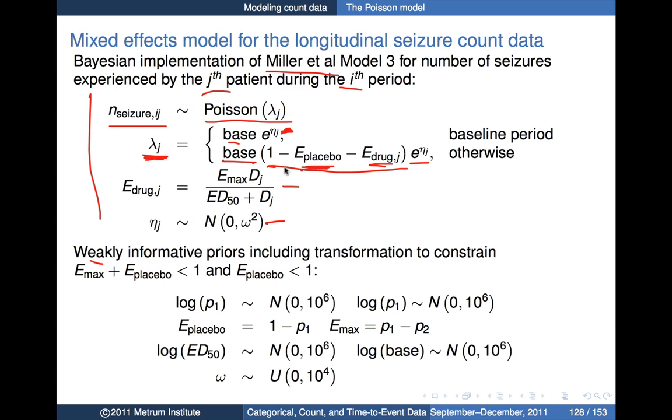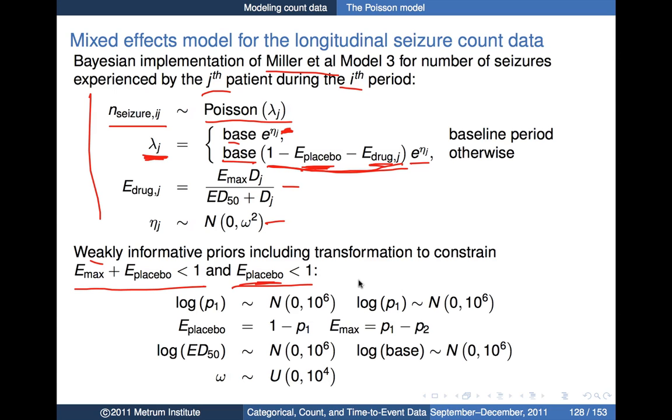And then I'll also constrain the term 1 minus E placebo minus E drug to be non-negative. One trick for doing that is to restrict Emax plus E placebo to be less than 1, and to constrain E placebo also to be less than 1, because if there's no drug present in our placebo group, you need to also have that hold.